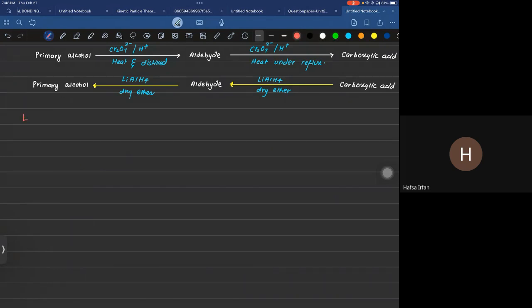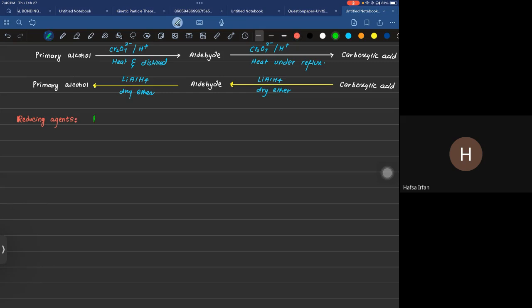We have two reducing agents. कौन कौन से हैं? Let me tell you this.